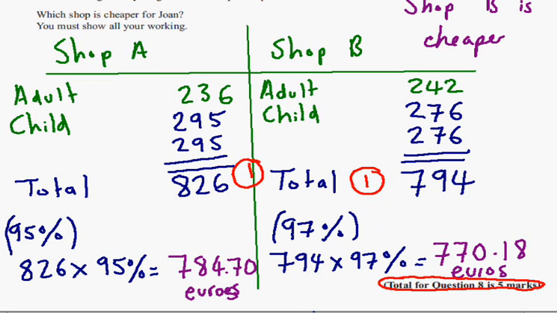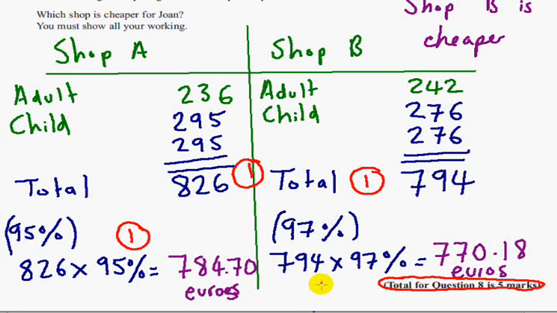The third method mark is for either shop A or shop B, a method for the reduction. Now you could have found 5% and taken it off. That's also a valid method. So 1 method mark here. The fourth mark is for the actual prices that she's going to have to pay for shop A or shop B, or both.